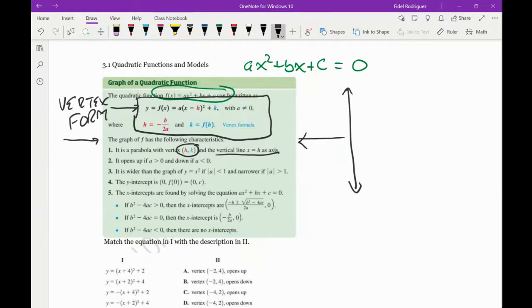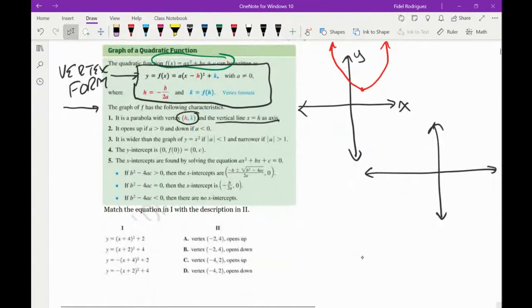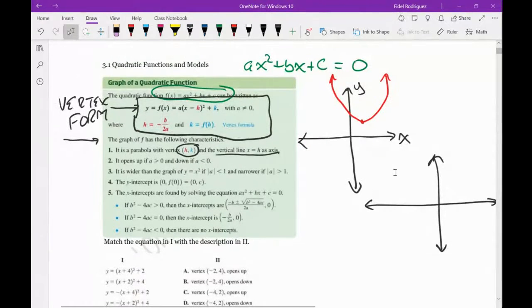When we look at these graphs, one might look something like this, and this is x and this is y, and our other graphs might look something like that.